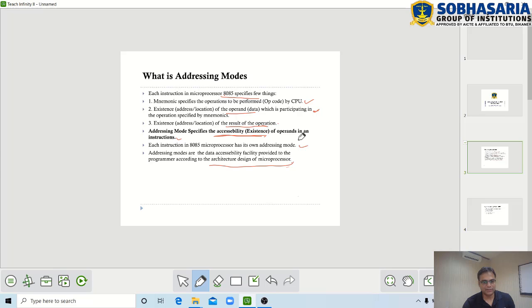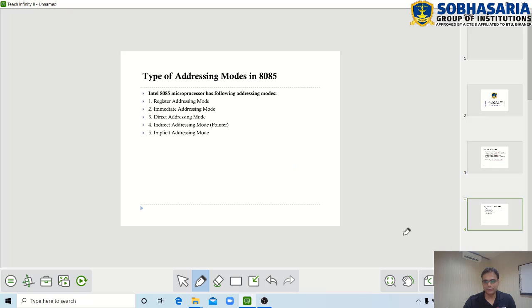So it depends upon the architectural design, right? Addressing modes can be decided while designing the architecture of any processor. So we can say that if more accessibility or more facilities are provided to the programmer, then it will have many addressing modes, because many facilities or accessibilities are provided.